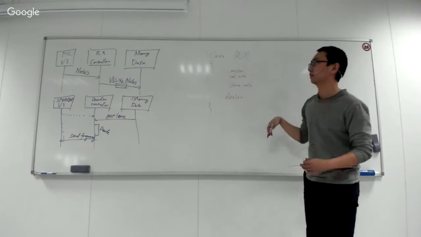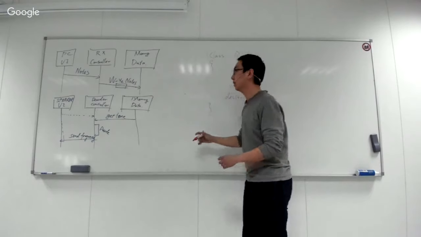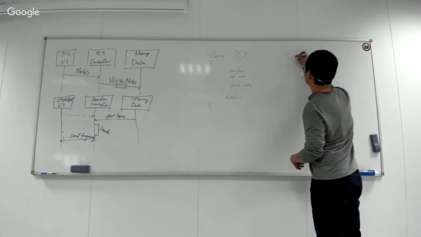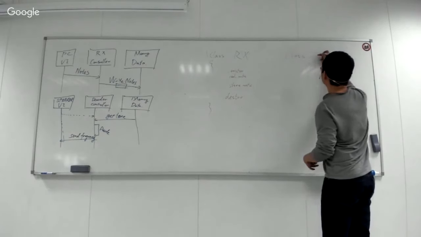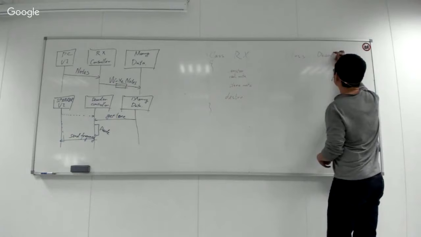Those are basically the functions you're going to have inside of the RX, and then also you're going to have a class as decoder.